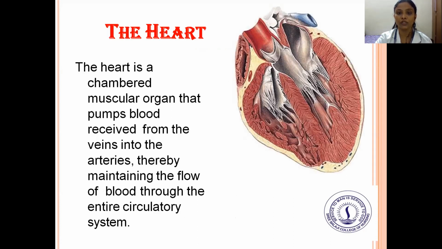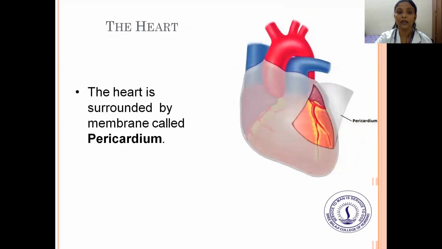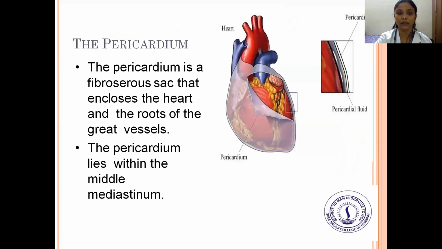The heart has four chambers, as you all know, so it maintains the complete blood flow through the entire circulatory system. The heart is surrounded by the membrane called the pericardium. This is the only membrane which covers the heart. What is the pericardium? The pericardium is a fibroserous sac that encloses the heart and the roots of the great vessels.